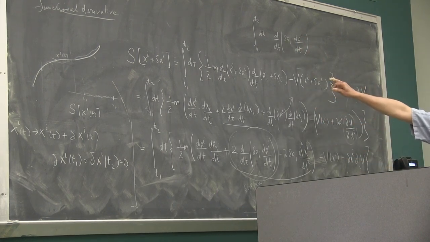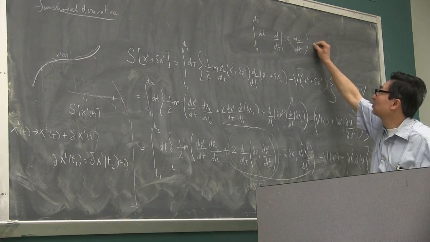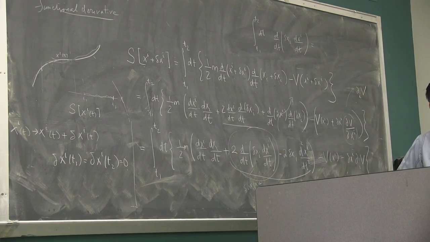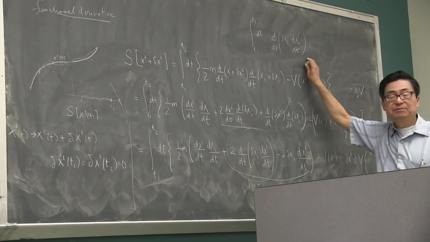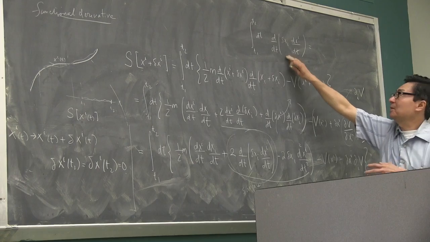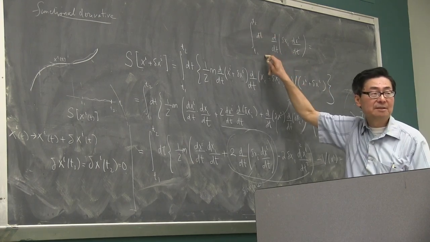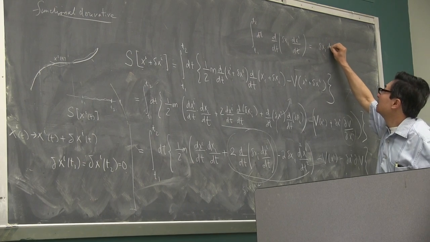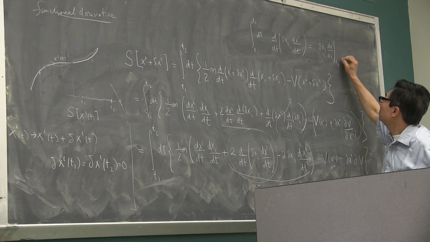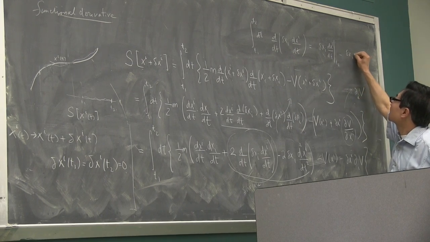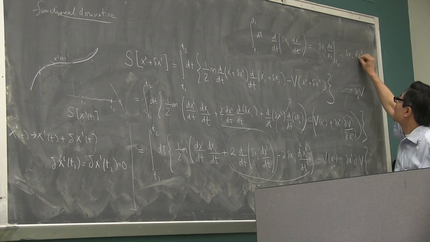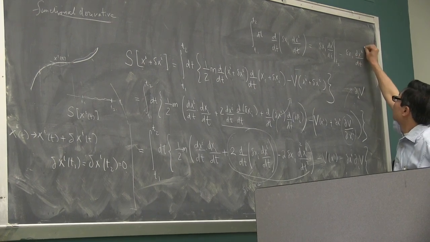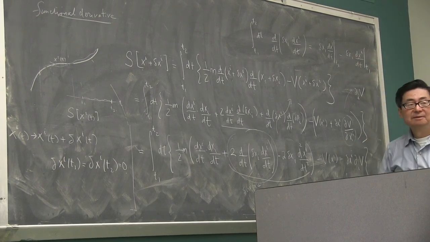Now, can you tell me what that integral is? Let's write down a formal answer first. You're integrating the derivative of something. That's just that thing, evaluated at the two ends. So it's like delta xi dxi/dt evaluated at t2 minus delta xi dxi/dt evaluated at t1.